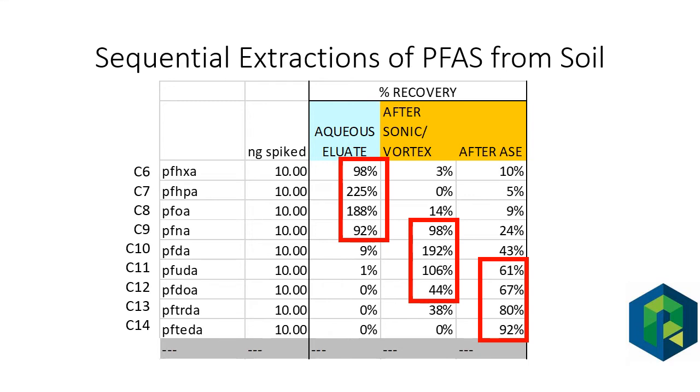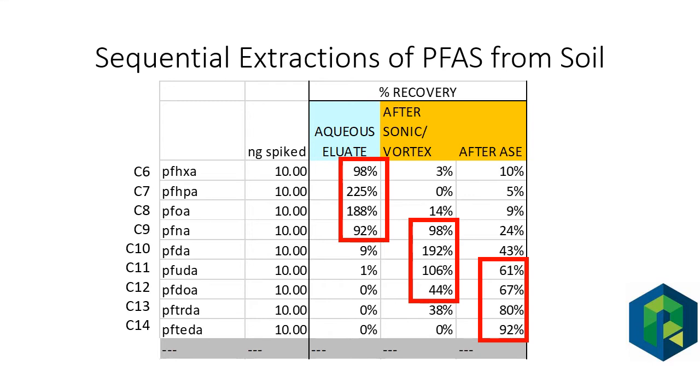So after taking this sonicated soil, we put it in the ASE cell and we apply pressurized liquid extraction to it, and we see that we have the missing C12 to C14 carboxylic acids coming out, and even little bits of other stuff that hadn't completely eluted from the column.